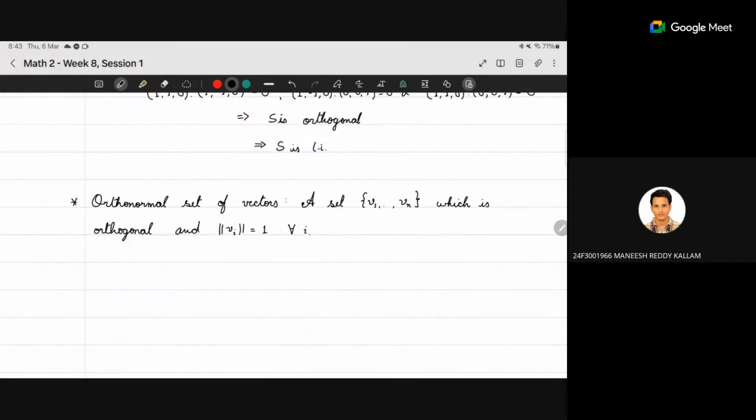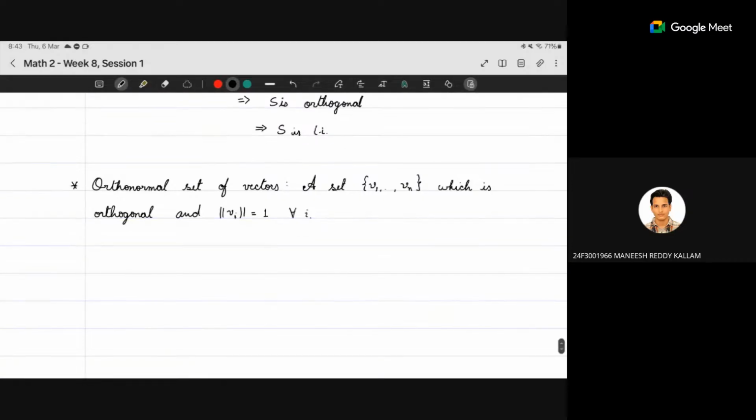So here both the notion of length and angle come into play. The angle between any two distinct vectors has to be 90 degrees, or their inner product has to be 0. In addition to that, I need that each of the vectors in the set has length 1, or norm 1.